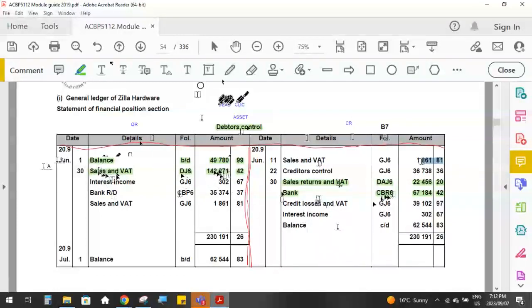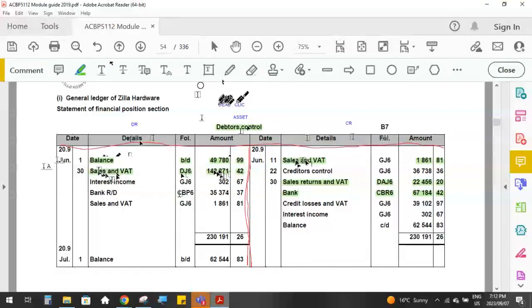So again, we are going to reduce the asset. So we are going to credit debtors control, and we are going to debit sales and VAT, because when we record settlement discount, we then reduce the original amount of the sale that we made. So sales and VAT will get debited.